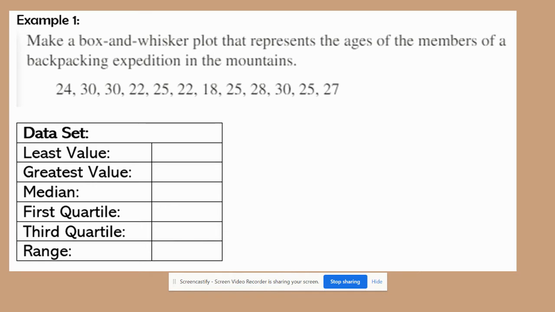All right, before we get into this example one, I'm going to give you a couple of steps that I'd like us to jot down to help us find these. So first, we're going to put the data in order from least to greatest.